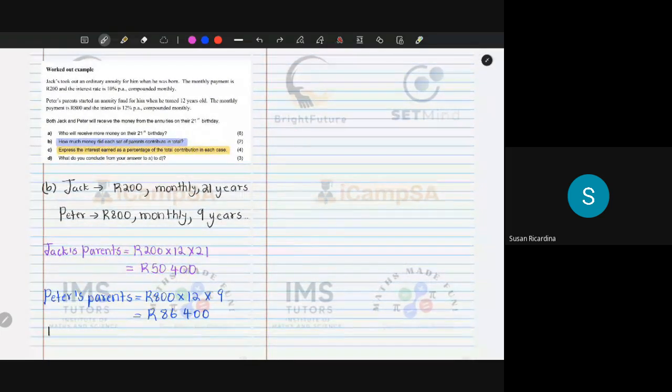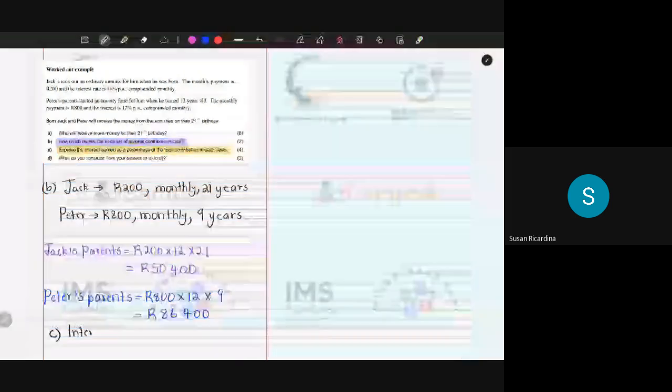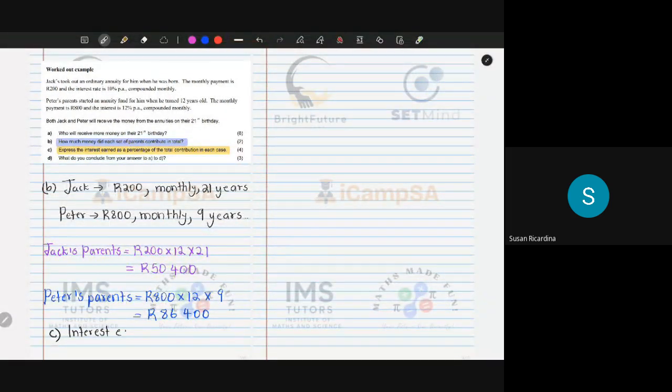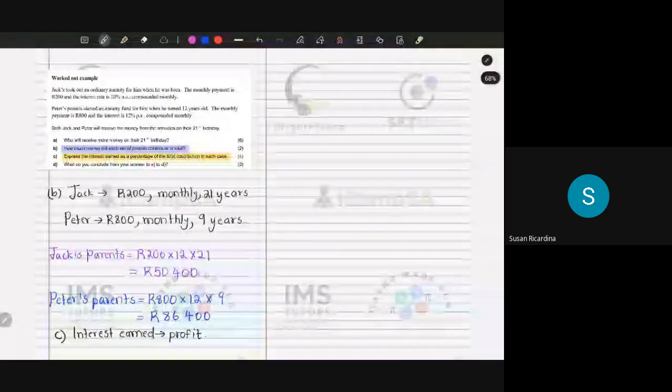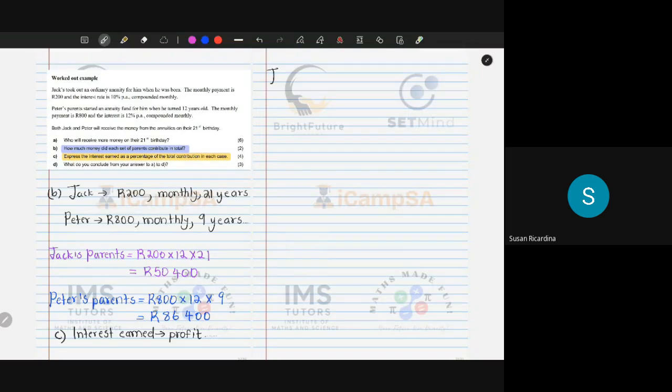So if we go to C, let's deal with C. So for C, we are looking for interest earned. And I usually look at interest earned as profit. So let's start with Jack. For Jack, we want the interest earned or the profit. So what was the total amount that Jack has?